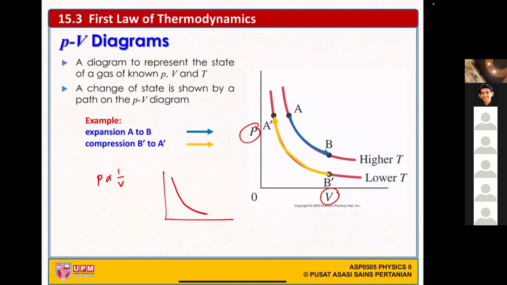Kalau kita ada satu sistem at a corresponding temperature, for example temperature of 25 degrees Celsius, kalau kita ubah pressure at a constant temperature, volume akan juga berubah. So that's why kalau kita lukis graf dia akan jadi macam ni lah. Okay, kita gambar macam ni.